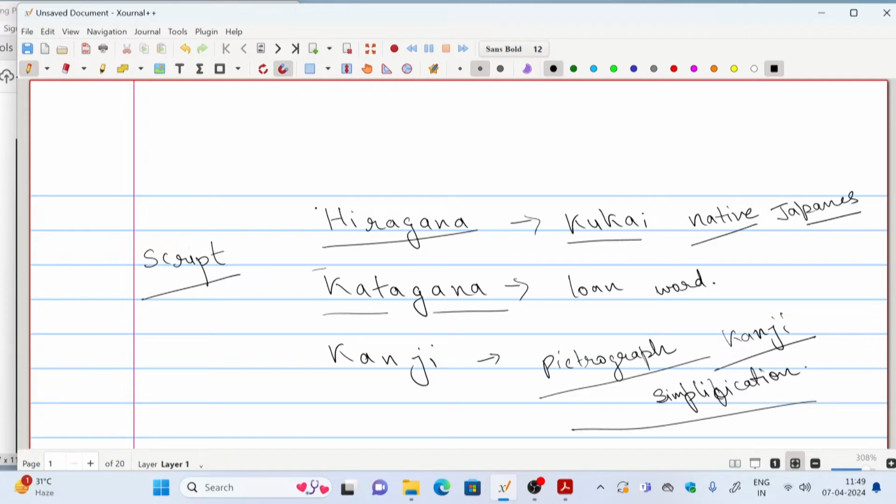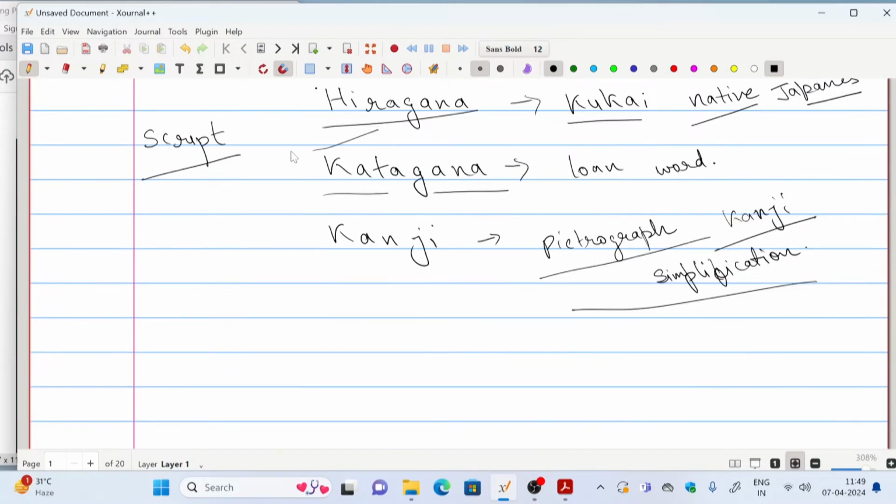Today we will start learning Hiragana. If you want to see the differences between Hiragana, Katakana and Kanji, let's take one example. Japan in Japanese language is called Nihon. Ni, ho, n.